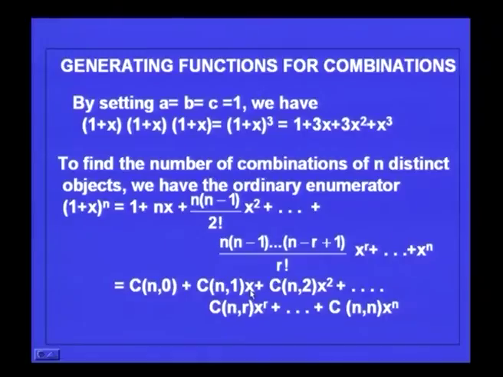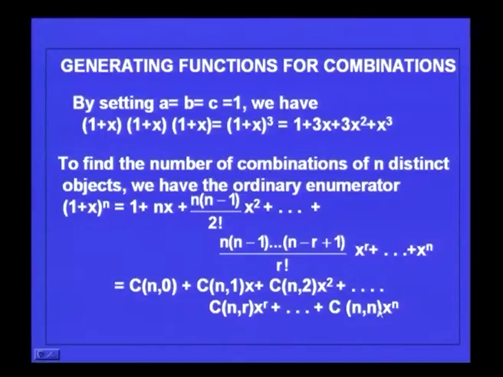The coefficient of x power 1, or x, is given by this. This is the number of ways of choosing one object out of n objects. The coefficient of x squared gives you the number of ways of choosing 2 objects out of n objects, and the coefficient of x power r gives you the number of ways of choosing r objects out of n objects.